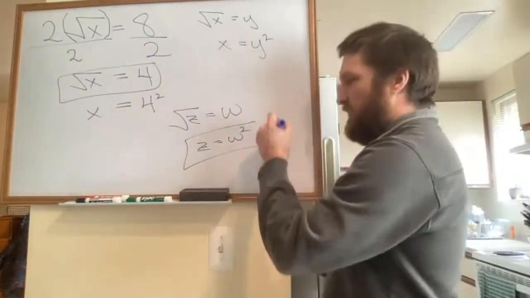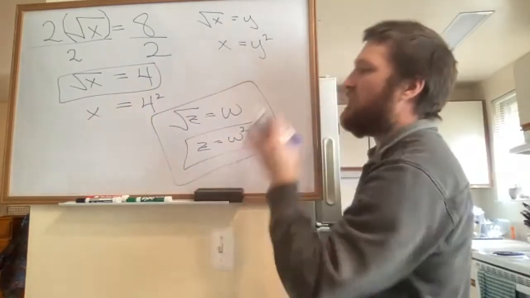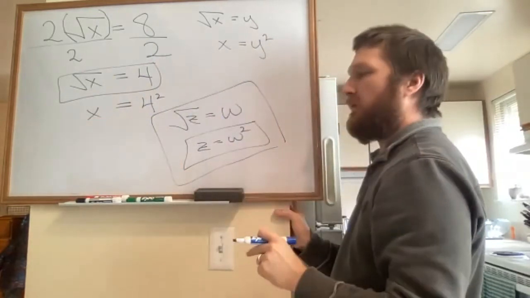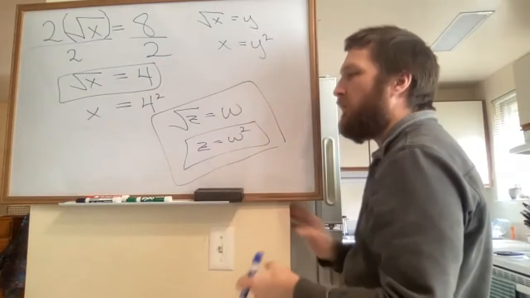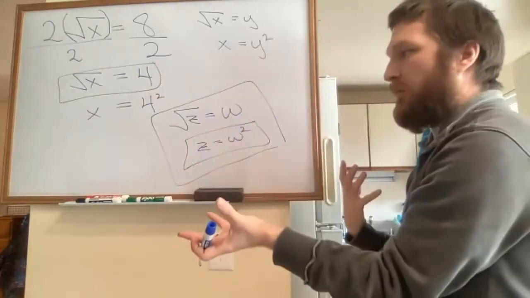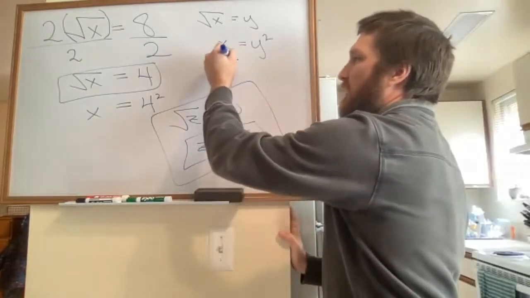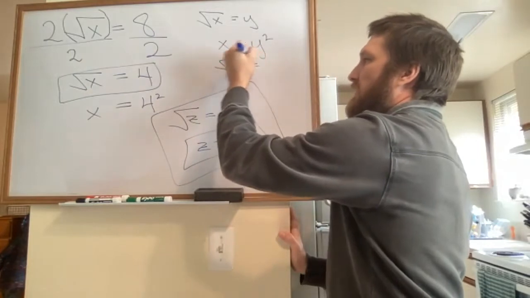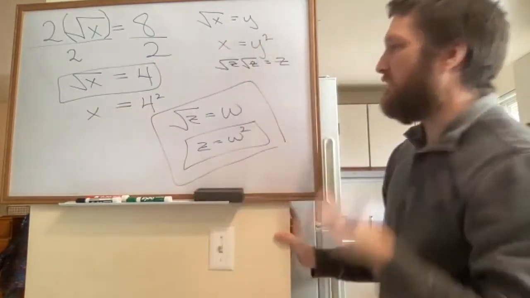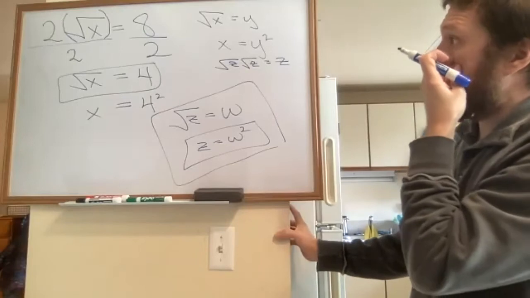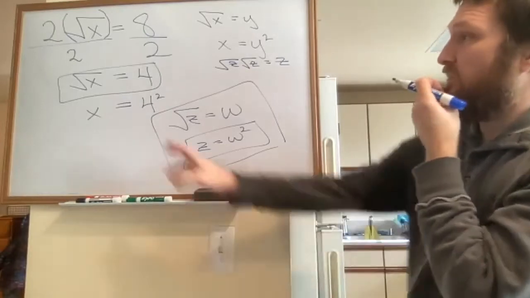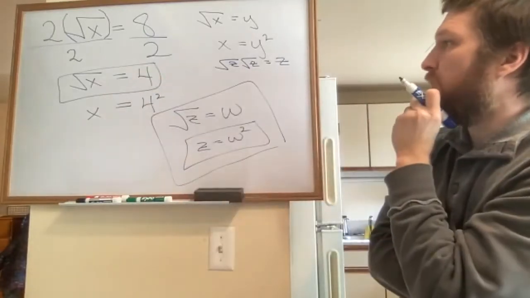Right? That's what this means. So we have a square root is equal to something. The way we get rid of the square root is you just take both sides and square them. A square root times itself is equal to whatever that thing is. And so we have to square that side as well.